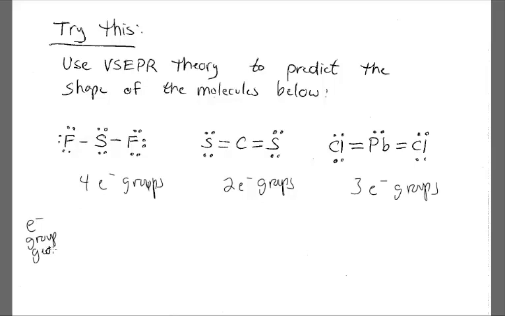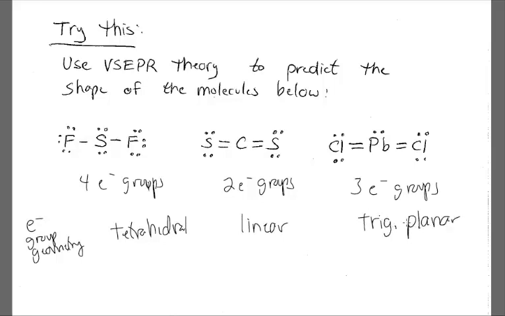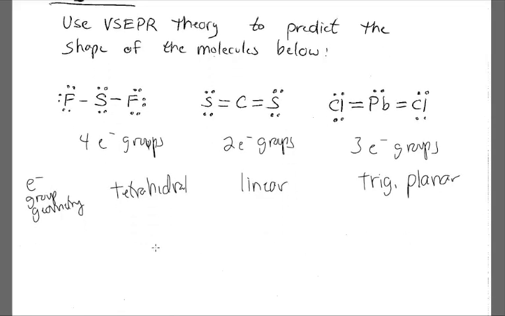All right, so if you have 4 electron groups, the electron group geometry for this one is tetrahedral. For this one, it's linear. And for this one, it's trigonal planar. Then you count how many of those are actually bonds, and this one has only 2 bonds out of tetrahedral, so it ends up as a bent molecule.